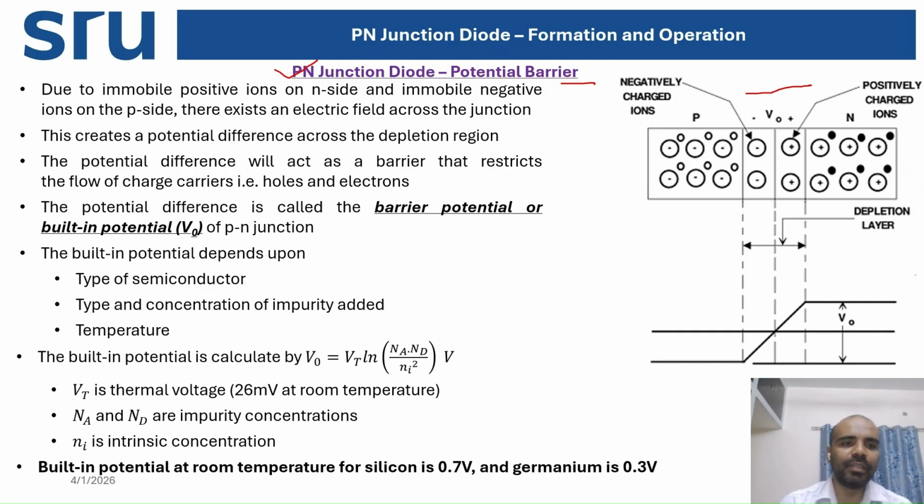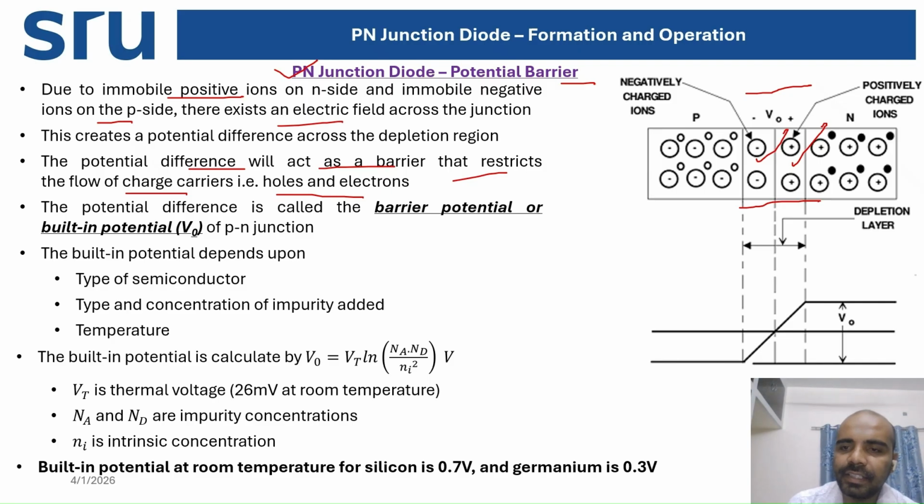So due to immobile positive ions on the n side, so these are the donor type ions, right? And immobile negative ions at the p side, that is acceptor type ions, right? There exists an electric field across the junction. So at the junction, an electric field exists, right? And the potential difference will act as a barrier that restricts the flow of charge carriers, that is electrons and holes.